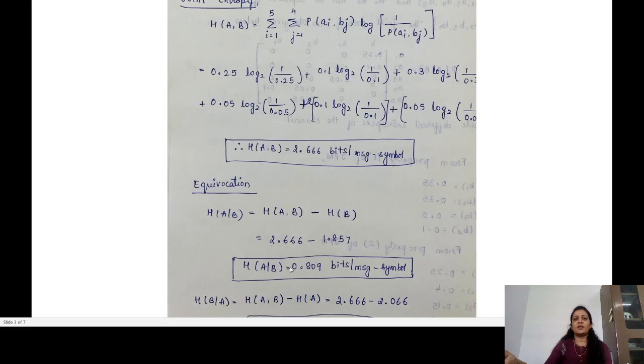Substitute that, and we will get the value of H of A by B, that is our equivocation.